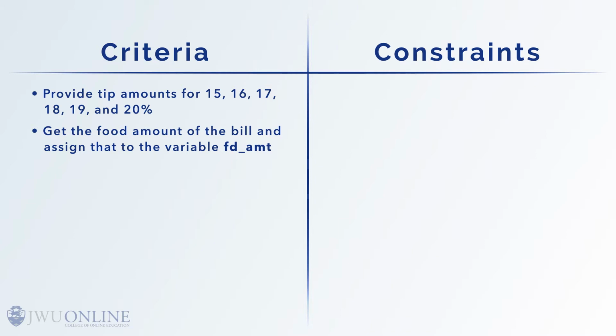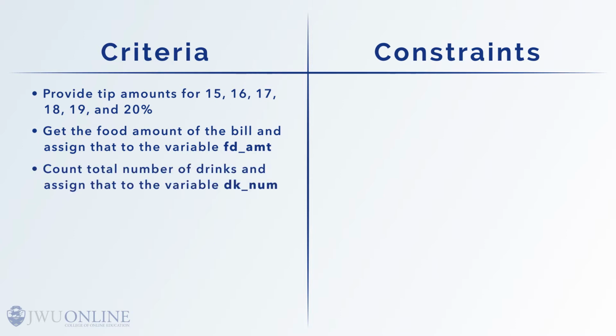We need the count of the total number of drinks ordered, and we'll call that variable DK_NUM. This yields the correct Emily Post formula for the tip, expressed as tip equals the tip percent times FD_AMT. That value will add to it the number DK_NUM.